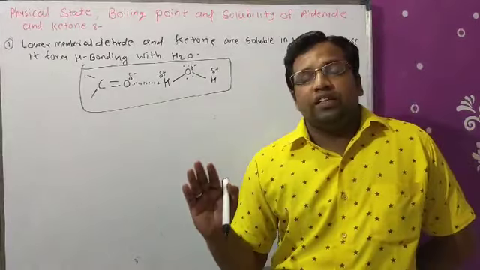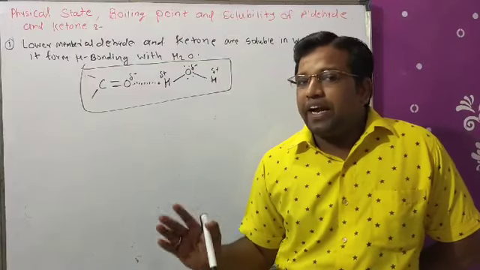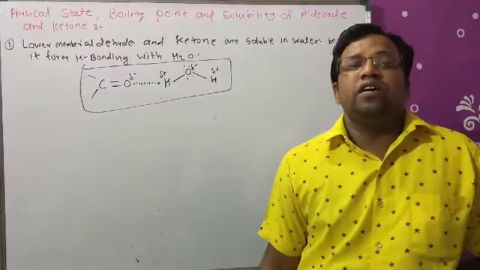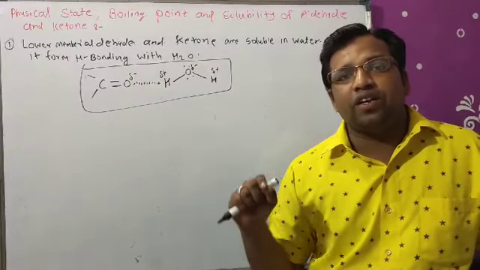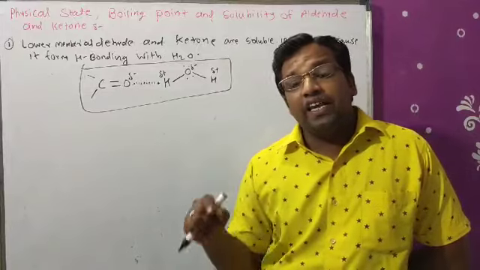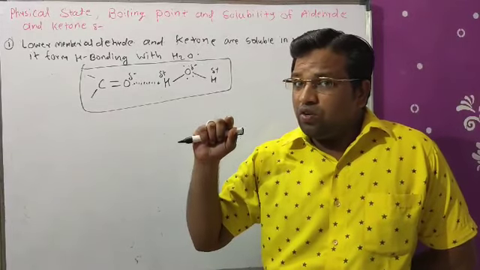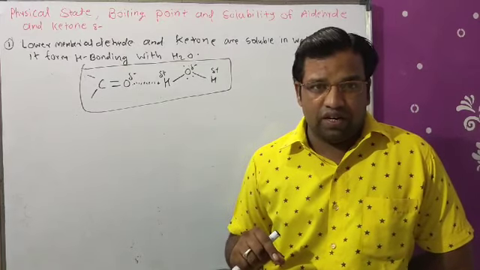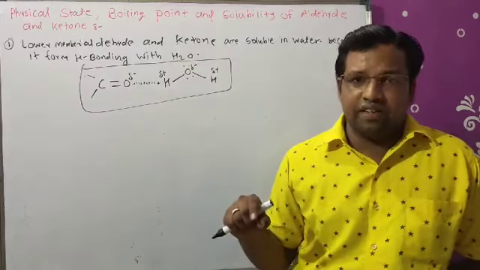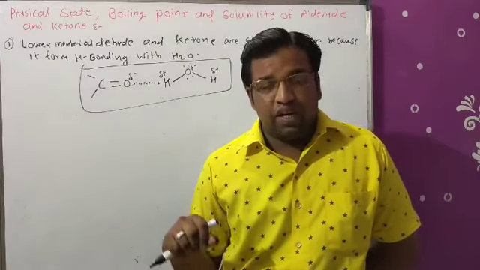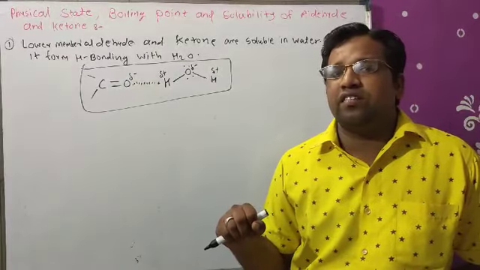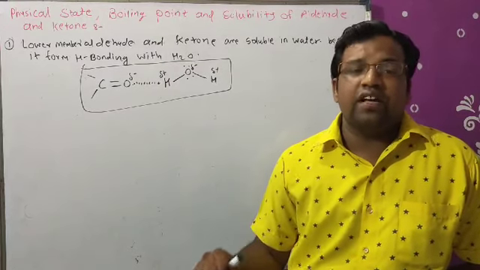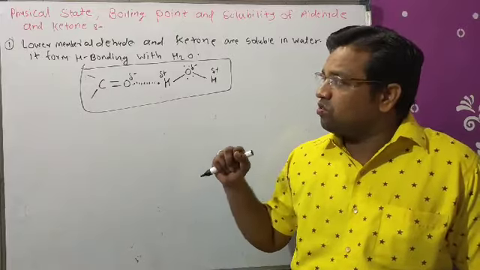Therefore, the higher members of aldehydes and ketones are insoluble in water, but they are soluble in some non-polar organic solvents like benzene, chloroform, ether, and carbon disulfide. These are the non-polar organic solvents in which the higher aldehydes and ketones are soluble.